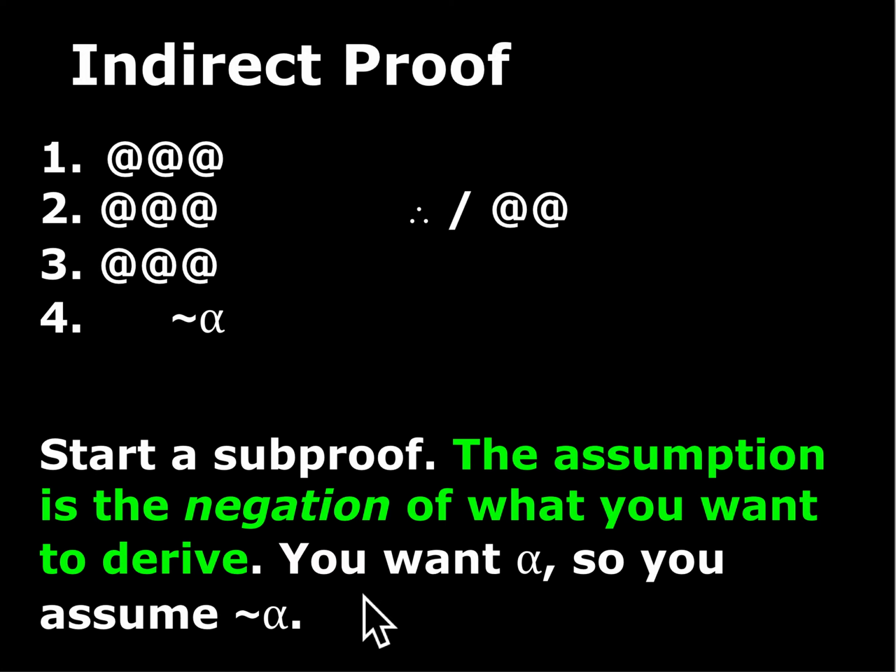I'm trying to derive alpha, so my assumption is not alpha. My justification is assumption for indirect proof, AIP, with a little arrow, just like for conditional proof. So you indent, you have an arrow, and you have a justification that is an assumption for the type of subproof you're doing.